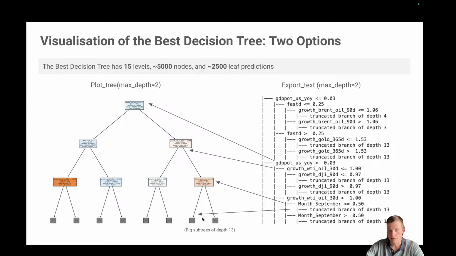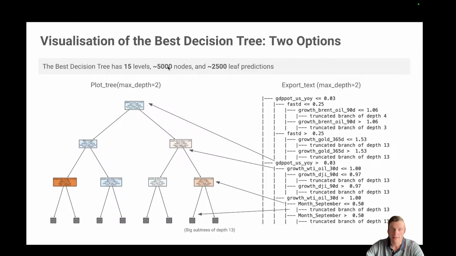So in order to get the answer true or false for the potential growth, you need to ask up to 15 questions, and then you will be able to get this answer.